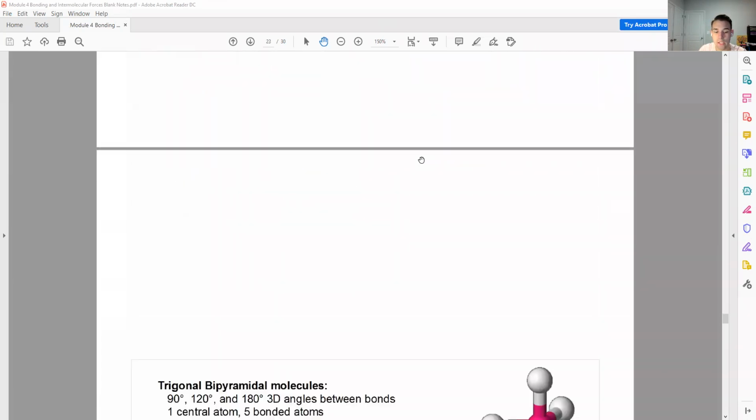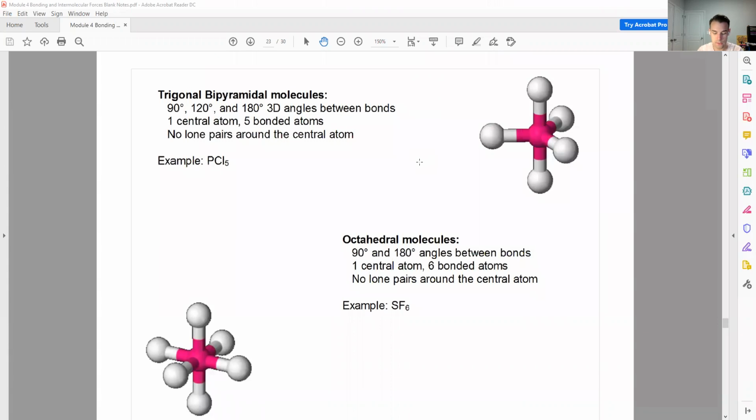So now we're getting into the molecules that break the octet rule. All of these are going to have more than 8 around their central atom. And I'm going to go through these a little quicker. So first one, trigonal bipyramidal. It looks like a linear molecule and a trigonal planar molecule that have been put together.